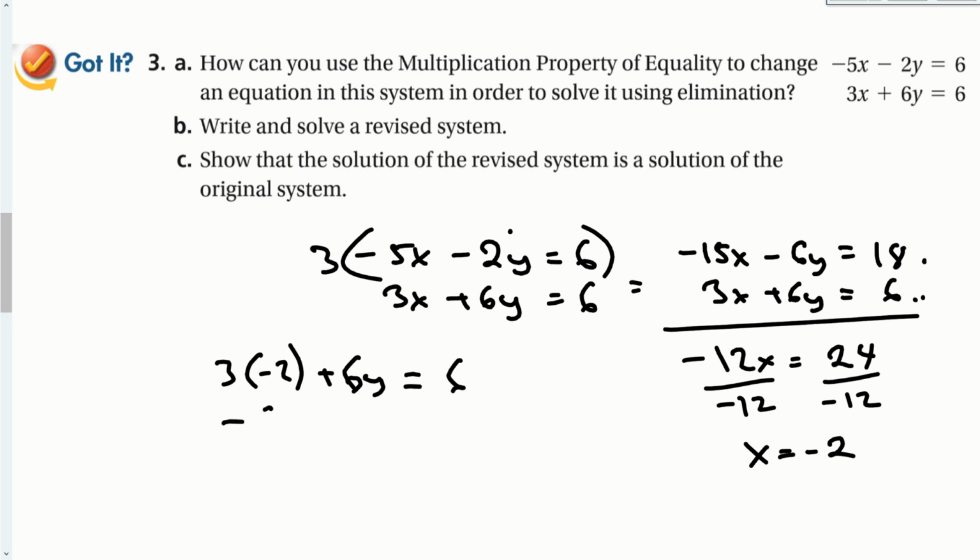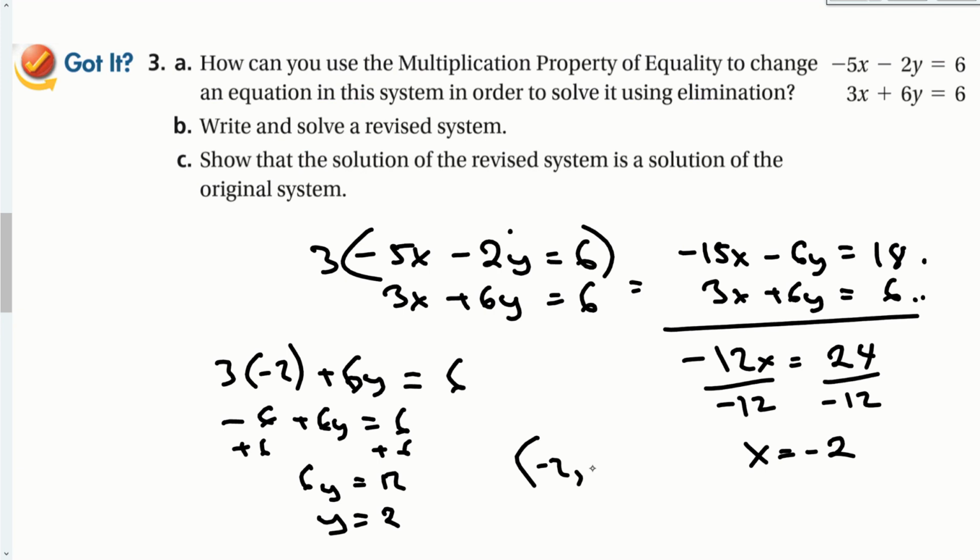So that's negative 6 plus 6y is equal to 6. Add 6 to both sides. 6y is equal to 12. y is equal to 2. So my answer is x comma y, okay, negative 2 comma 2.